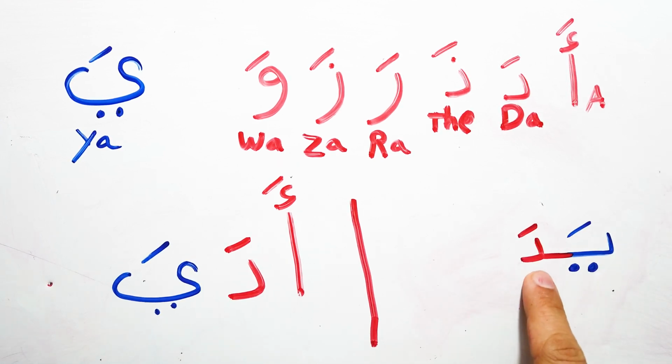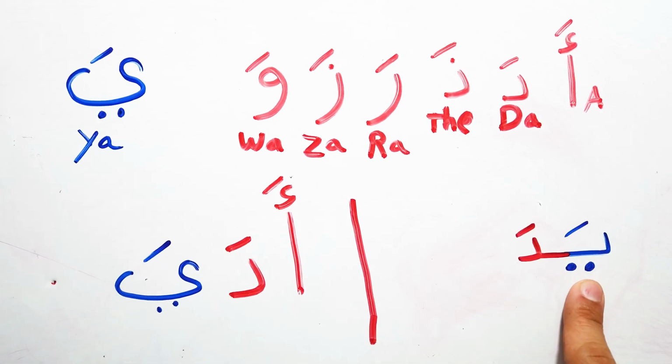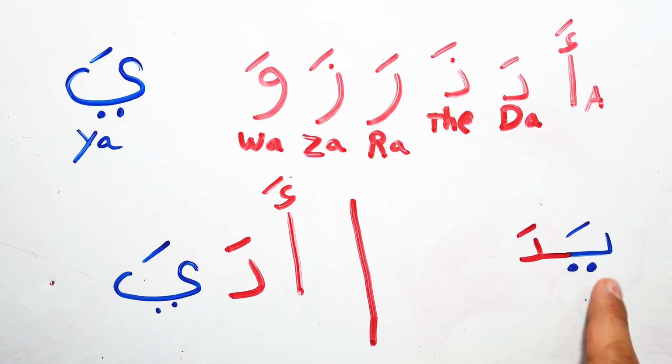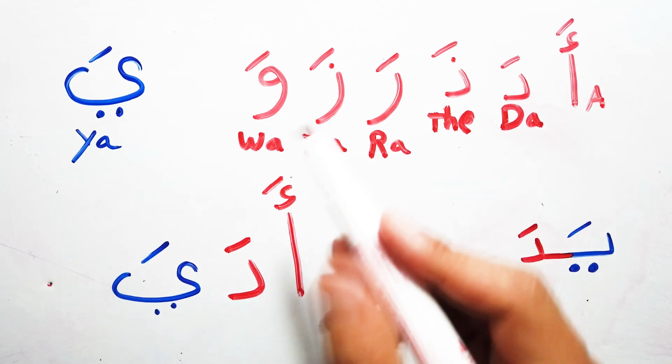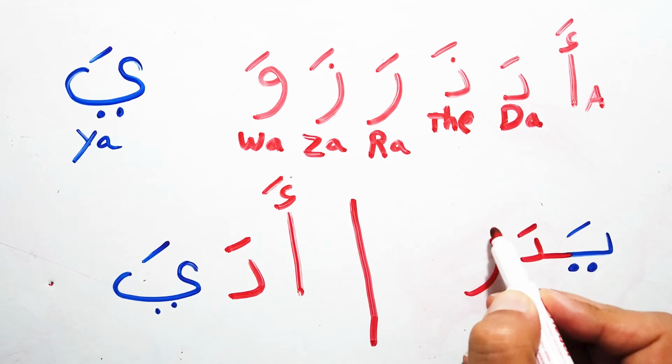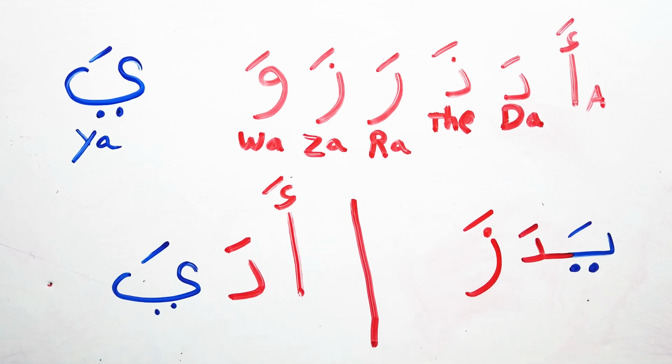Do you see the shape of da in the middle of the word when the previous letter is not a refusal letter? And then za in the end of the word. Yadaza, yadaza.